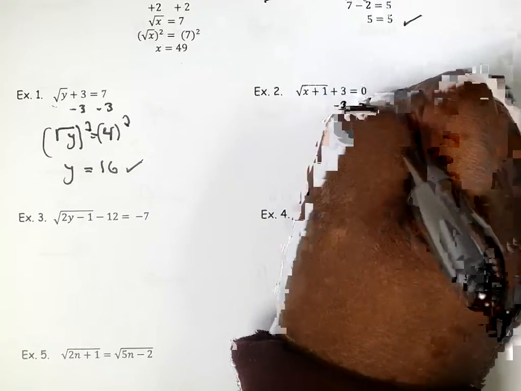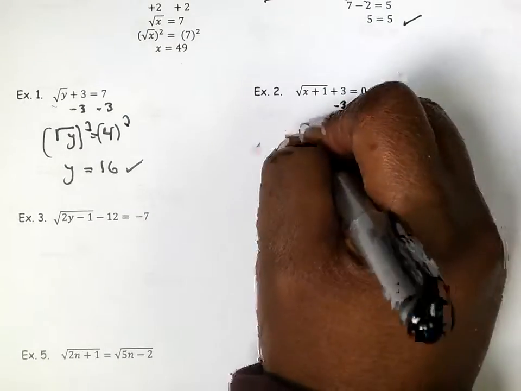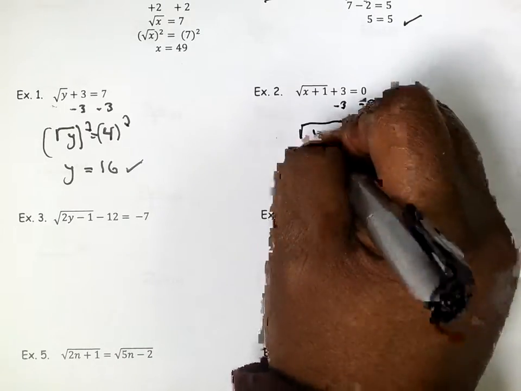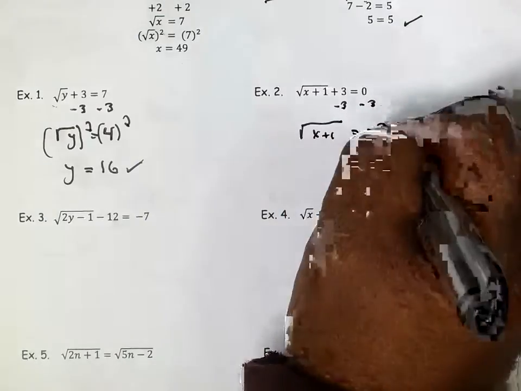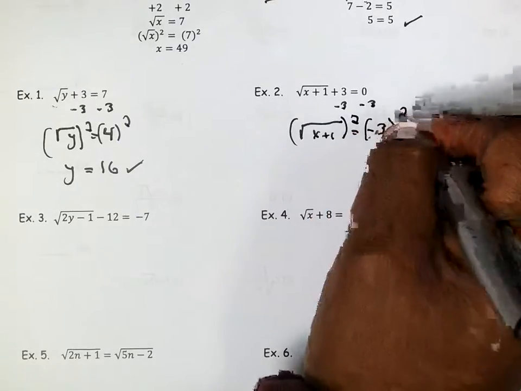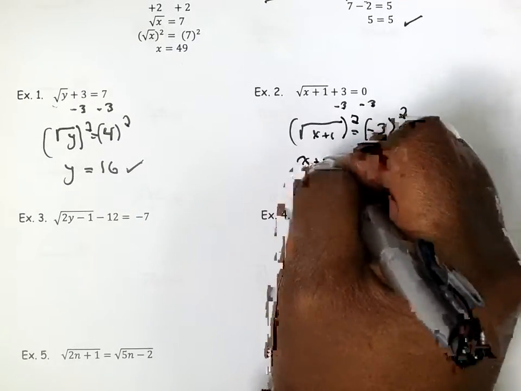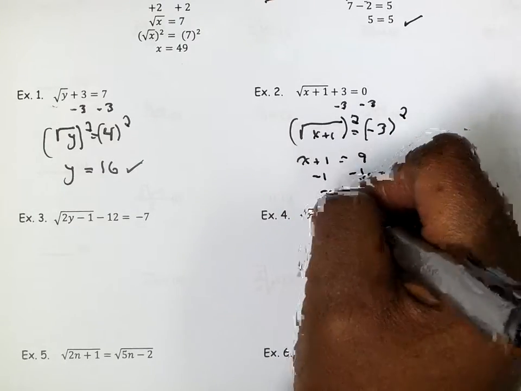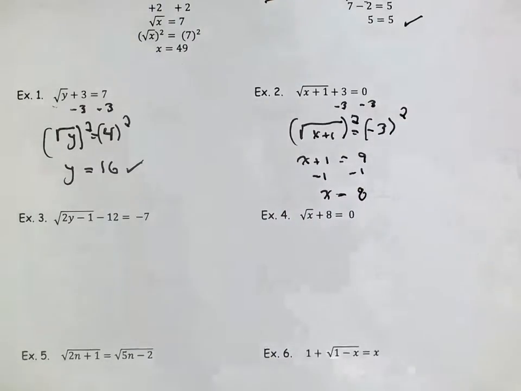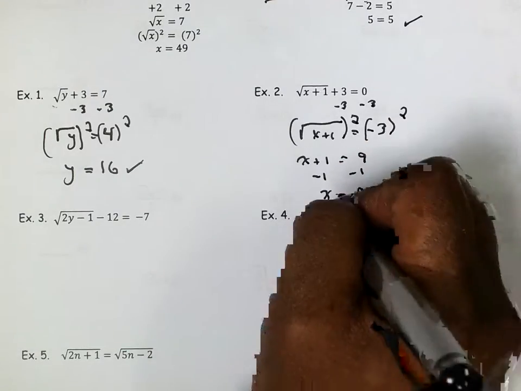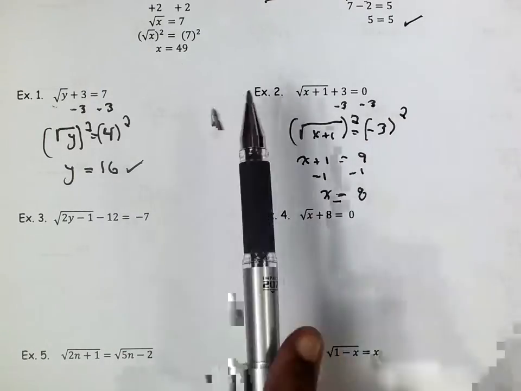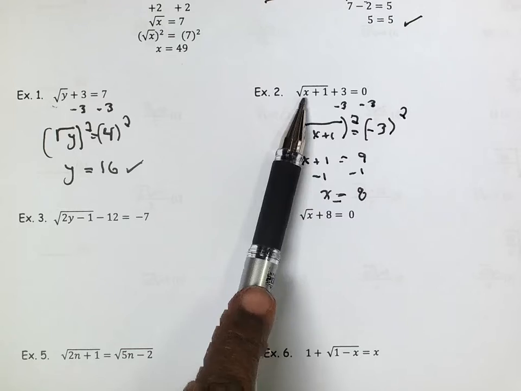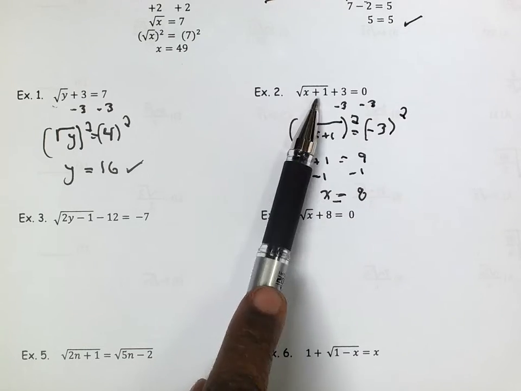Here, I'm going to subtract 3 from both sides. And I get square root of x plus 1 equals negative 3. I square both sides. I get x plus 1 is equal to 9. Subtract 1, and we get x is equal to 8. So when I go back to the original and plug in 8, I get 8 plus 1 is 9.